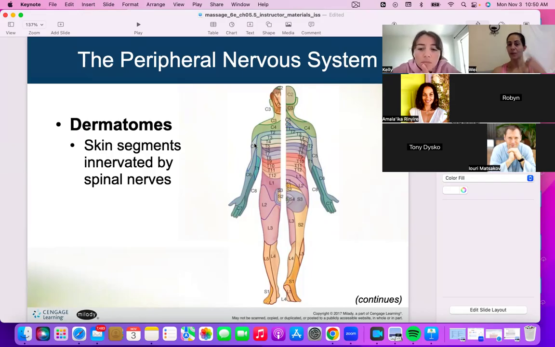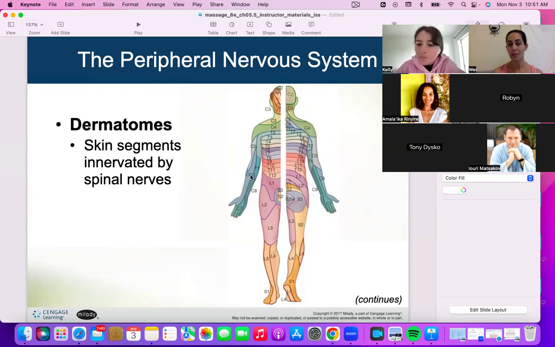C5, for example, coming from cervical spine number 5, is going to innervate the lateral aspect of this arm. A lot of people might come to you complaining of numbness in their fingers, and that could be a compression of the brachial nerves in the neck.